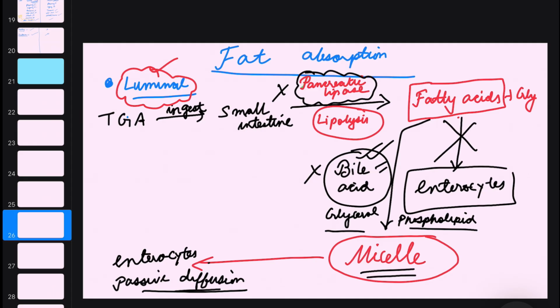I need to absorb those fatty acids, but unfortunately I cannot absorb fatty acids as they are. So I need to convert the fatty acids into micelles, and then I can easily absorb them by passive diffusion. How does this micelle formation occur? For that I need, most importantly, bile salts or bile acid. Other than that, I also need some glycerol and some phospholipids. So for micelle formation to occur, I need bile acids, and for lipolysis to occur, I need pancreatic lipase.